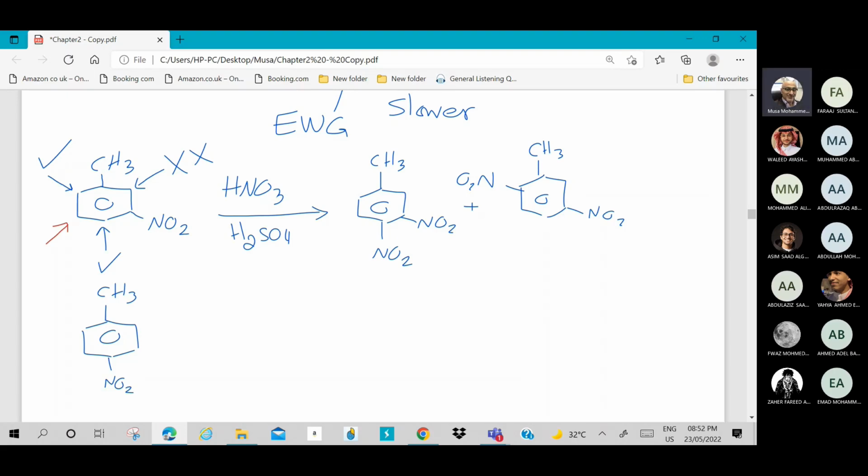Okay, so ortho and para will form in the case of activators. Now, if we talk about meta, which is the deactivator, you will get one product as 95%. The remaining will be 2%, 2%. Then you can say the 95% is major product.